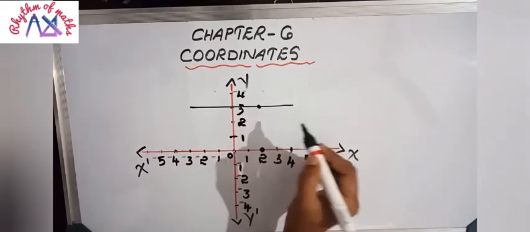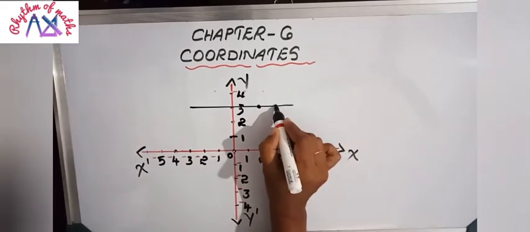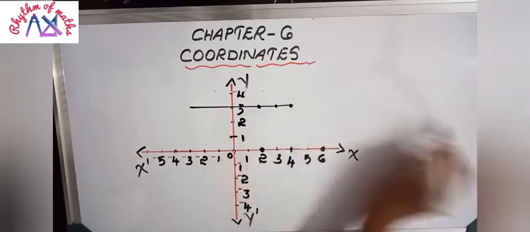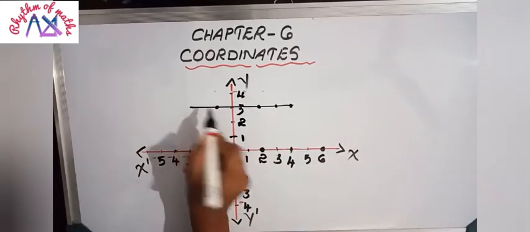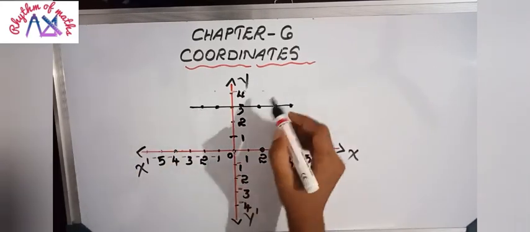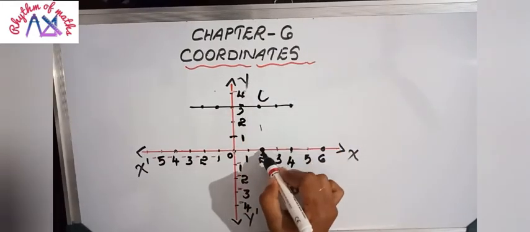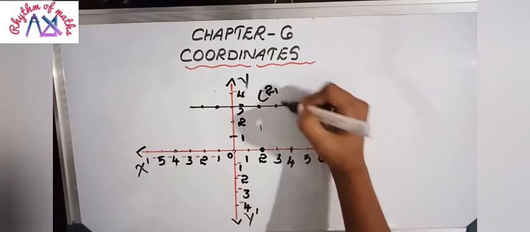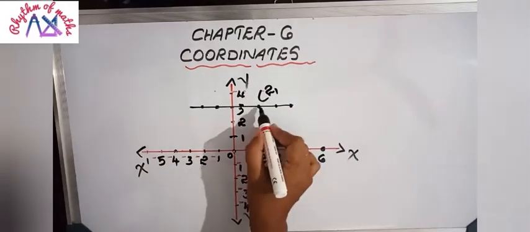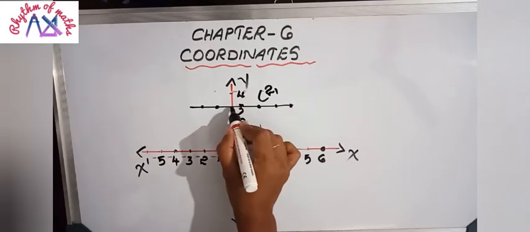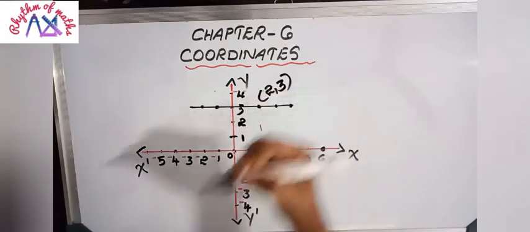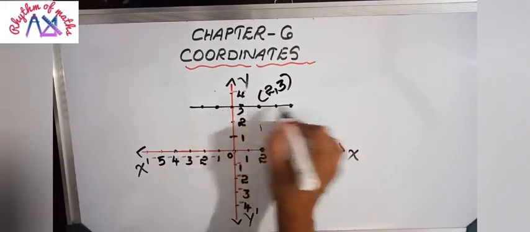So many points we can mark here, and it continues towards here also. Suppose this is a point, what will be its coordinate? Its x coordinate is 2. Then the y coordinate is 3 here. So (2, 3), because it is moving from 3.